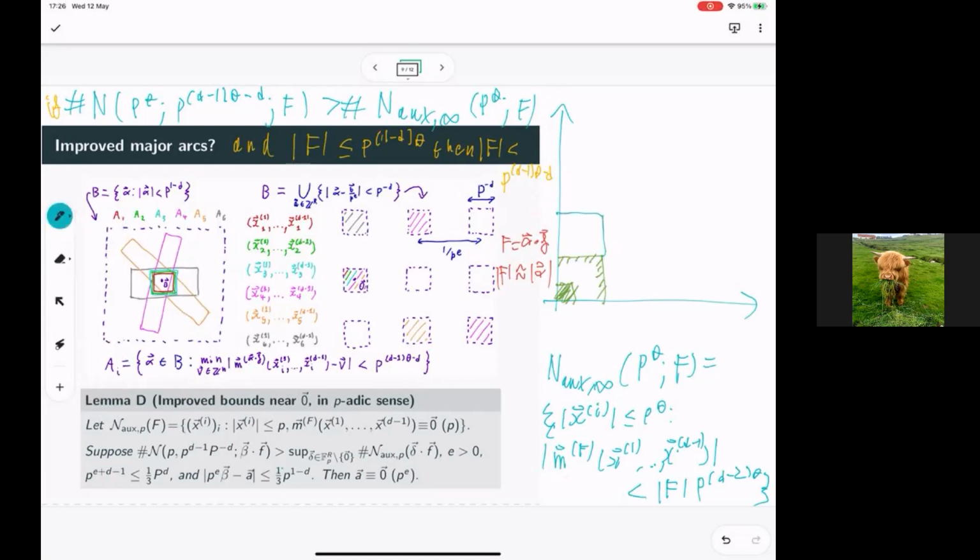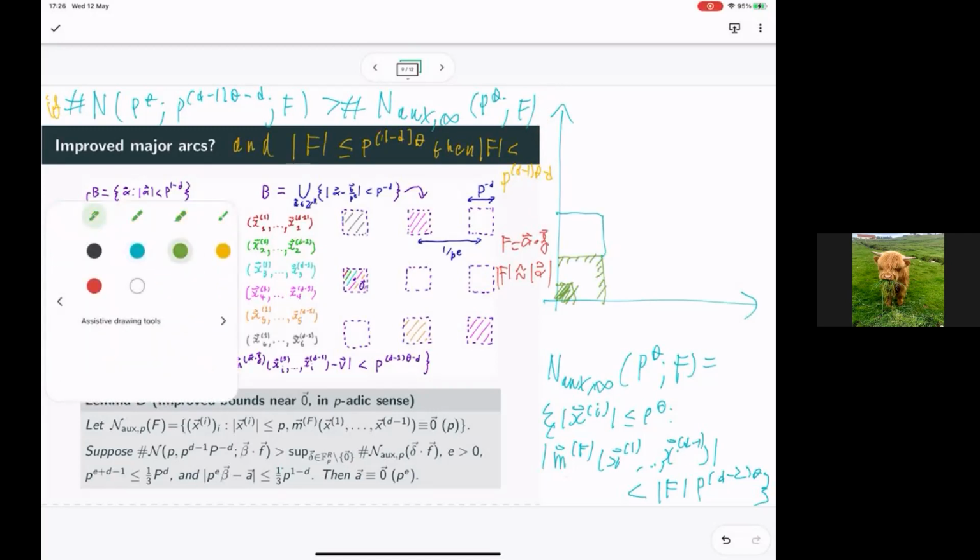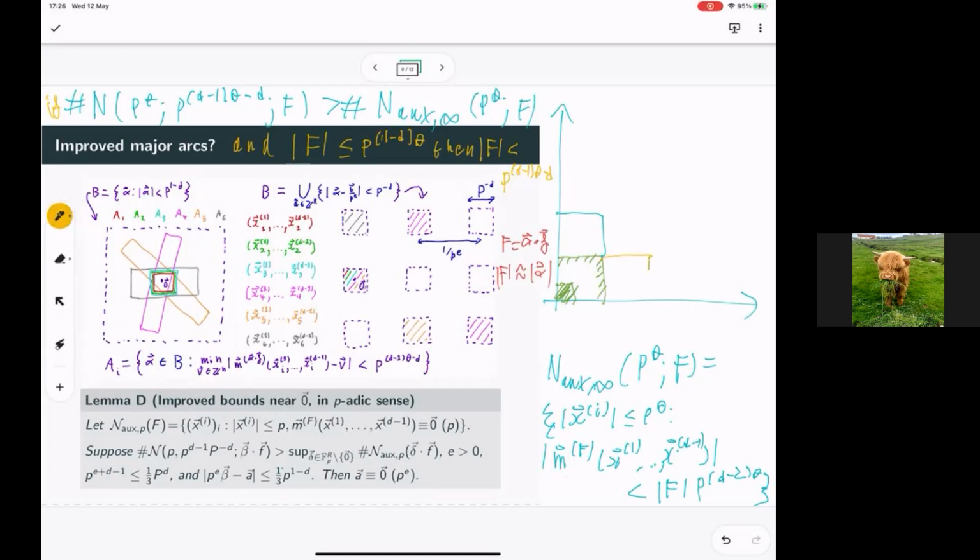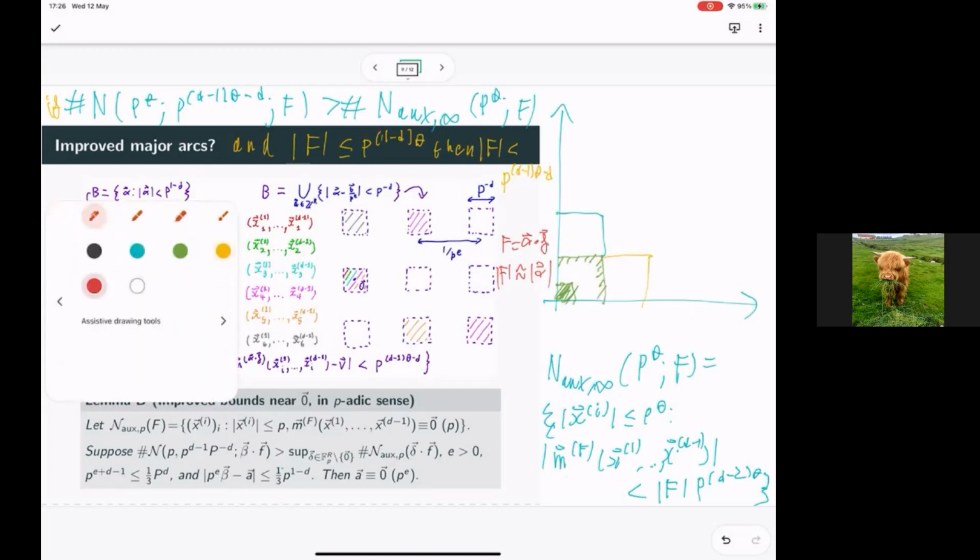To make use of this, one does the same thing that I sketched for p-adic repulsion, which I'll talk about more next time.